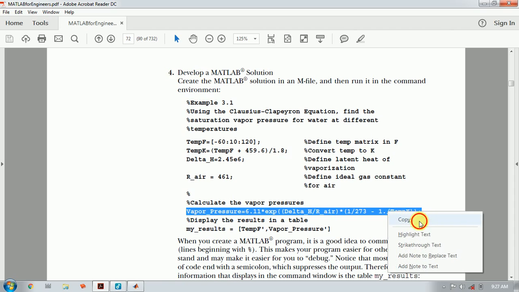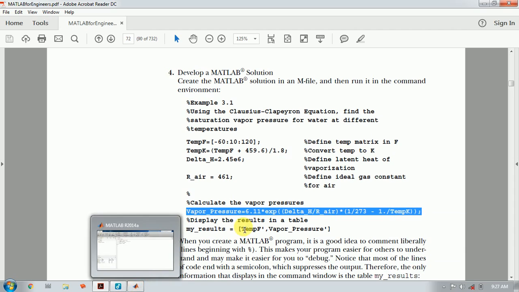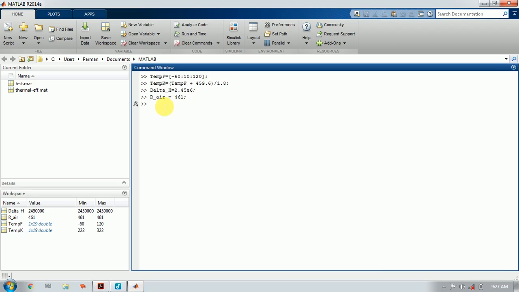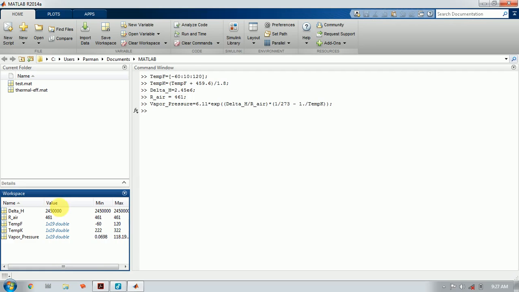Okay, we calculate the vapor pressure. That is the vapor pressure. We find the value of the vapor pressure, minimum 0.0698 and maximum 118.19.